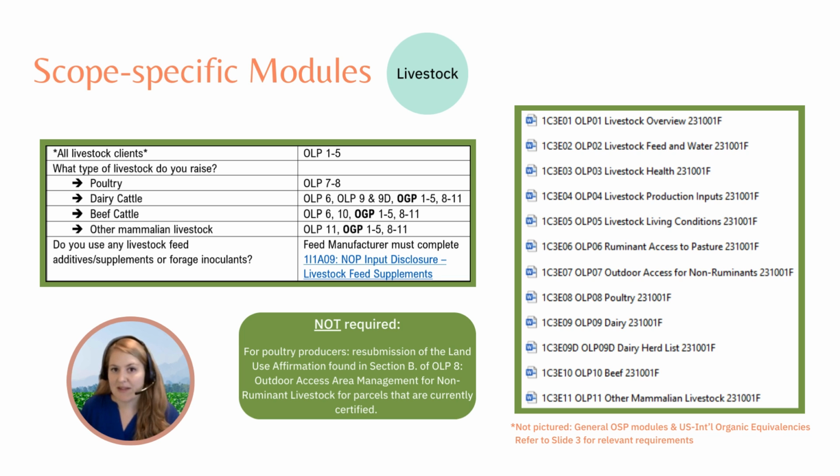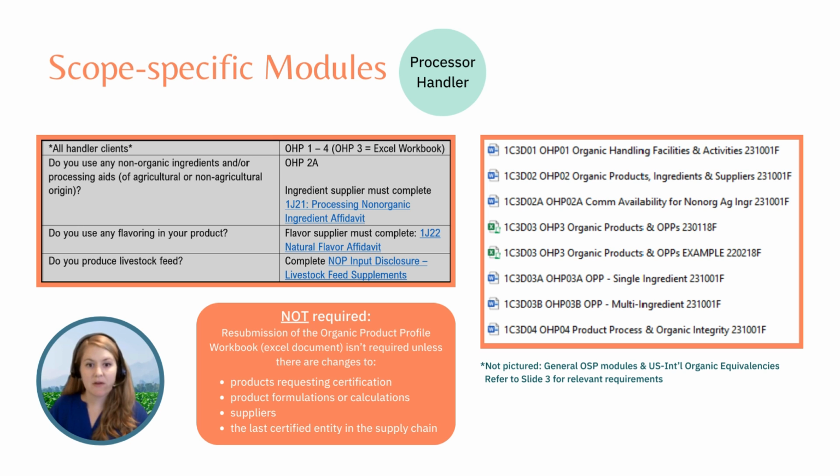For the processor and handler scope-specific modules of the OSP, on the left you can see in gray the chart showing you different questions about your operation and what relevant modules of the OSP or additional forms are needed for your renewal. On the right is a screenshot of all the files in your zip folder with all of the scope-specific modules for the OSP.